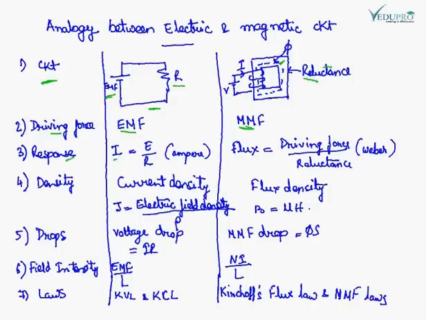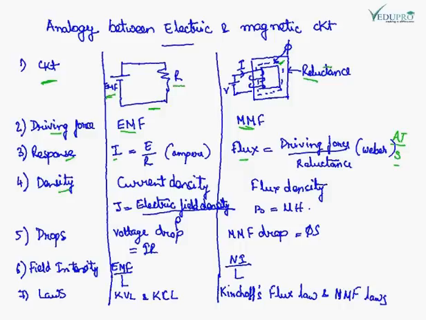Response: I is equal to E upon R, where E is the EMF, the voltage applied upon the resistance. Here it is flux, which is equal to driving force upon reluctance, that is AT upon S, and the unit comes out to be Weber.